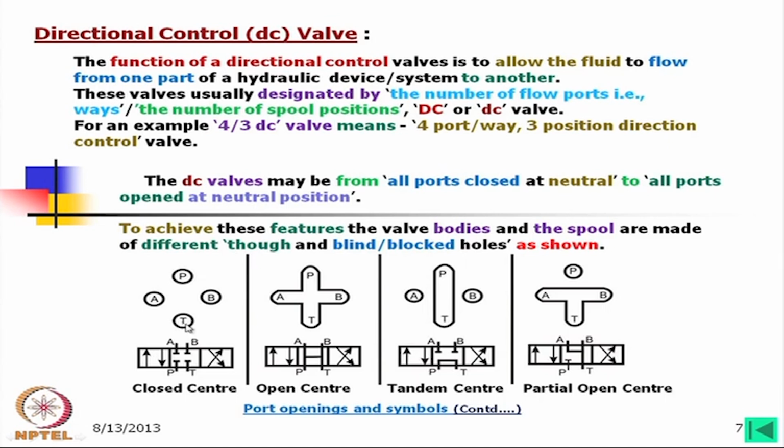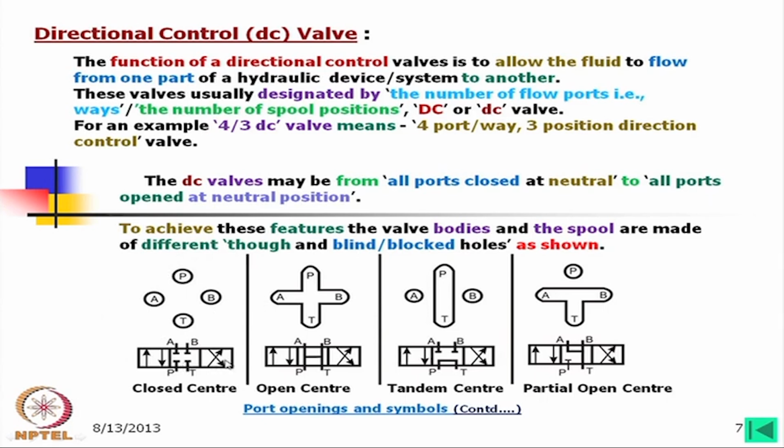T means tank, P means pressure, not pump, here pressure port. It might be from a single pump or from a system. A and B are normally on the actuator side, these 2 ports, and this is the symbol, and all the ports are independent at the neutral position.